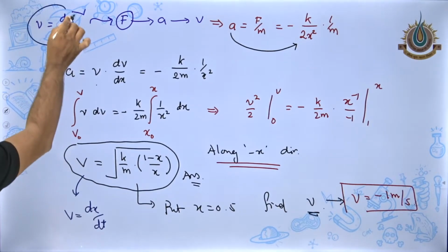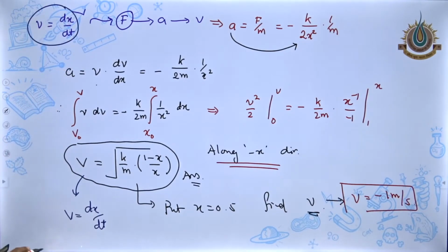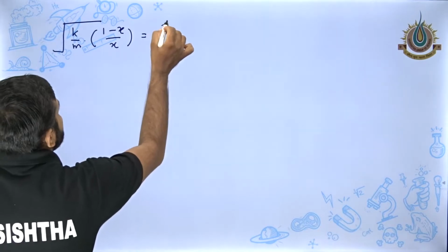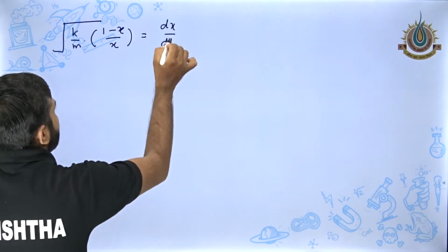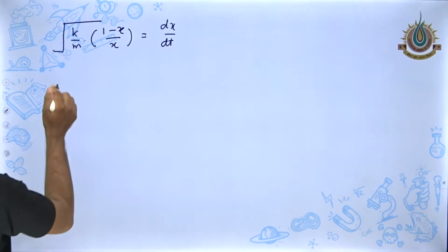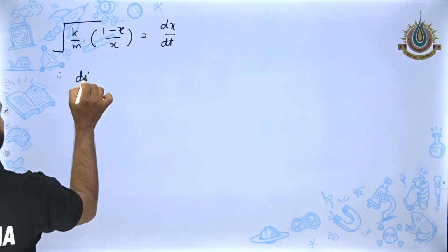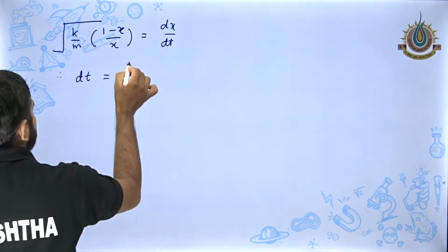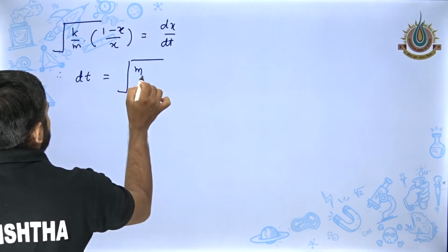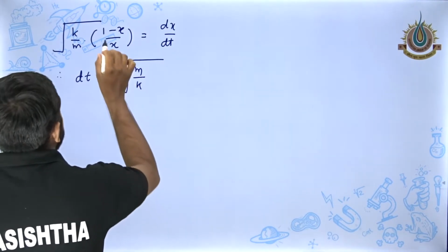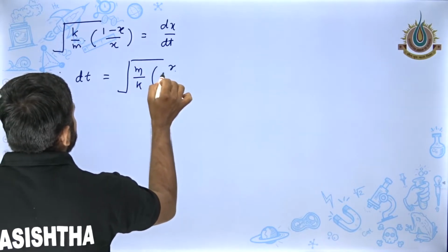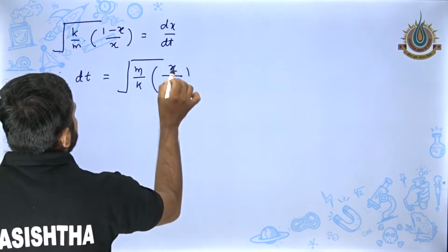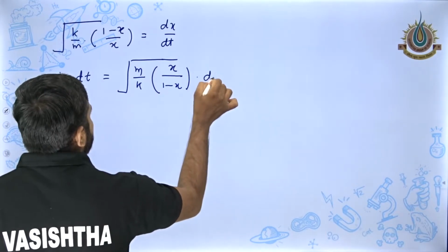Right now we use it here. So take dt on this side. dt is equal to, taking this whole term on this side, root m upon k into, this becomes reversed, x upon 1 minus x dx.